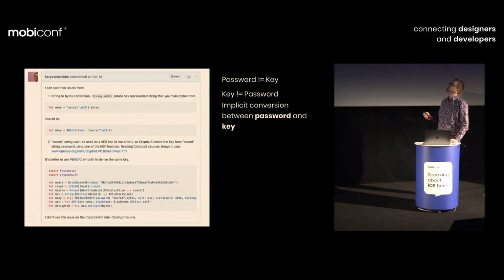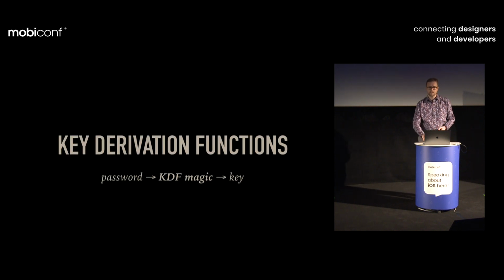But the key is the actual cryptographic value that is secure. Basically, going into details, it distributes the bytes in a way that is unpredictable. Yeah, it's magic, and it's slow as well. It should be slow, not very slow, but fairly slow. So when you brute force, it will take more time than just guessing your password.